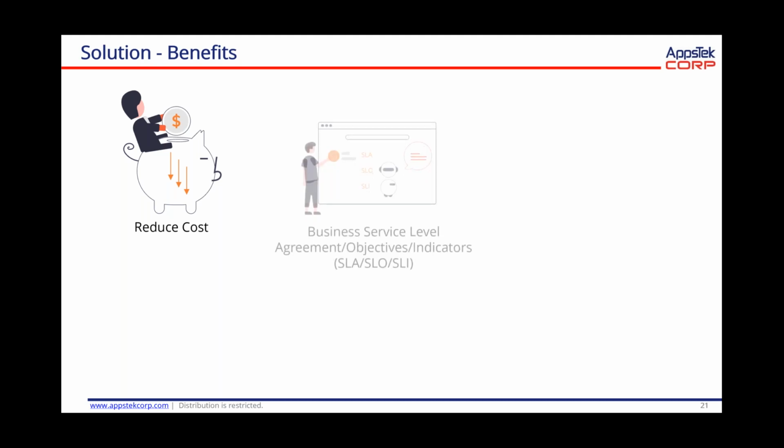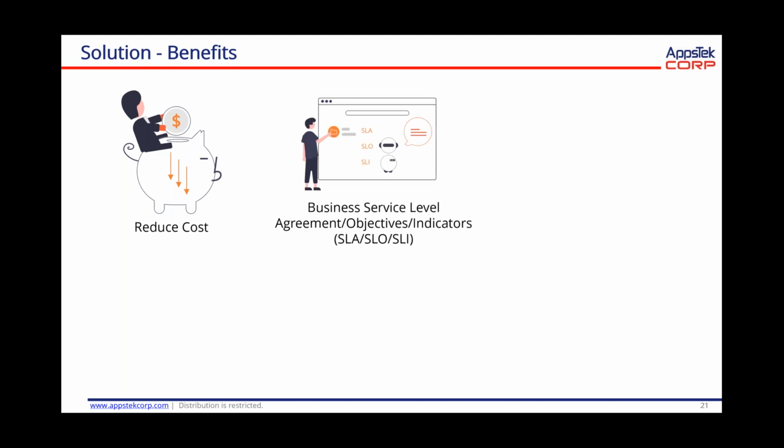This is also going to help achieve your business goals like service level agreements, service level objectives, and service level indicators. If you're a product company and you have customers consuming your products, these business goals are very, very important. So our platform makes life easy to achieve those business goals.